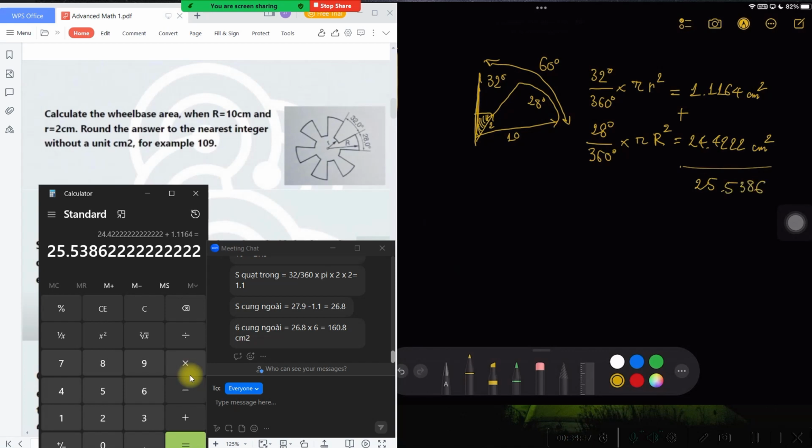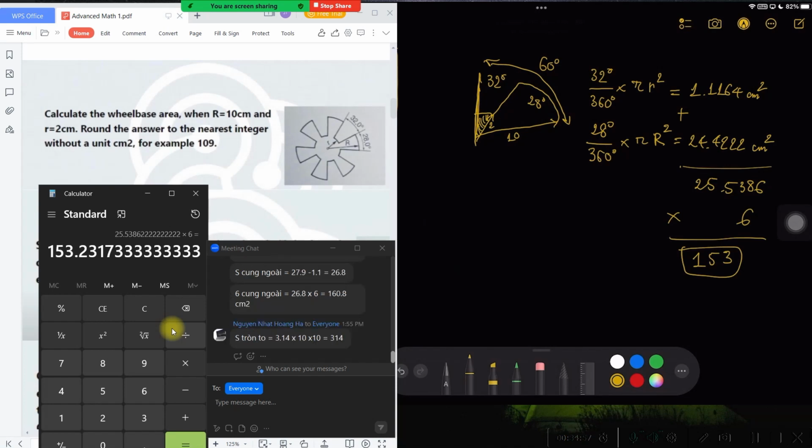And then because this one is like 60 degree, so the whole thing, you have to times 6 as well. Phải nhân 6 lên. 153, yeah, it's about 153, right? Yeah, it's 153, good. Cách nào cũng được. I think anyway we'll get to 153 anyway, I think.